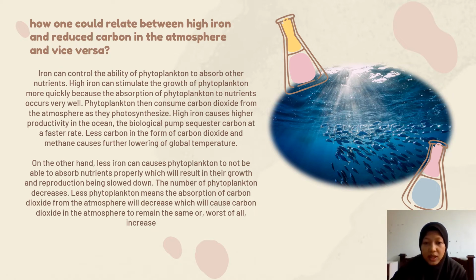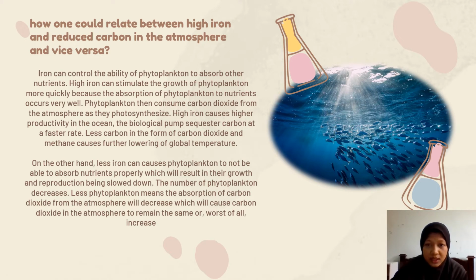Then, these organisms consume carbon dioxide from the atmosphere as they photosynthesize. High iron causes higher productivity in the ocean, and with more productivity, the biological pump sequesters carbon at a faster rate. Less carbon in the form of carbon dioxide and methane causes further lowering of global temperature.